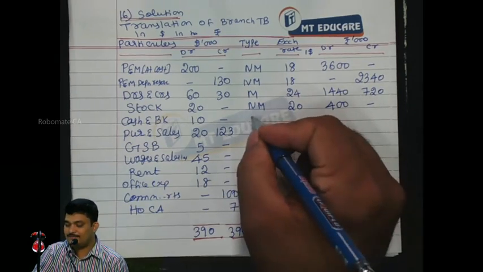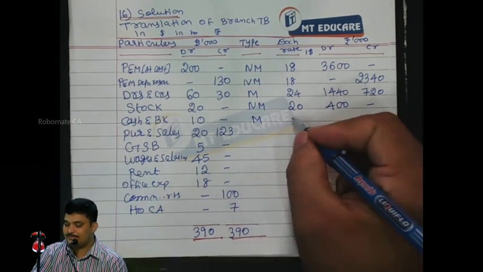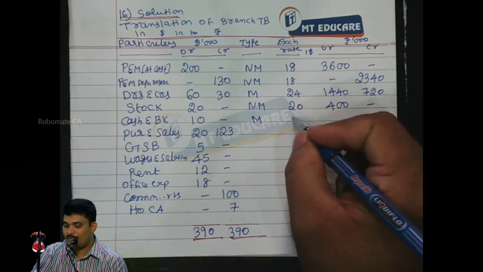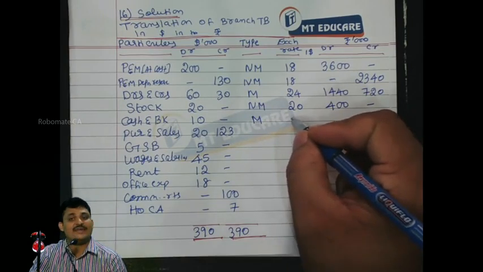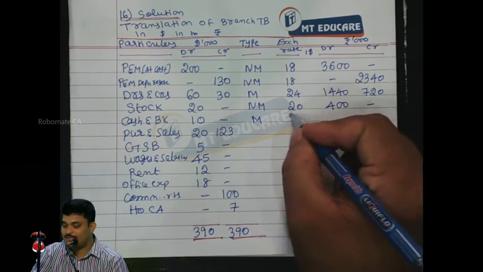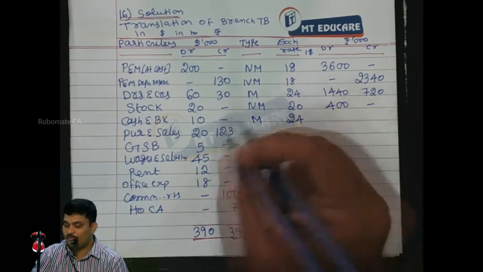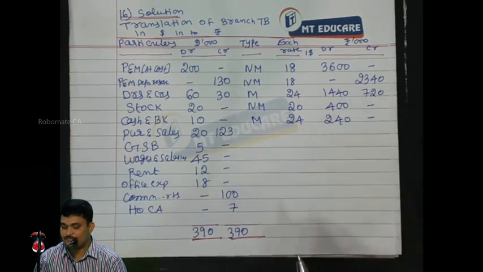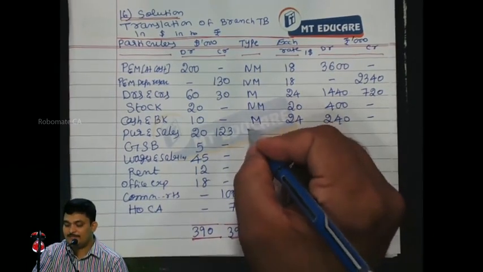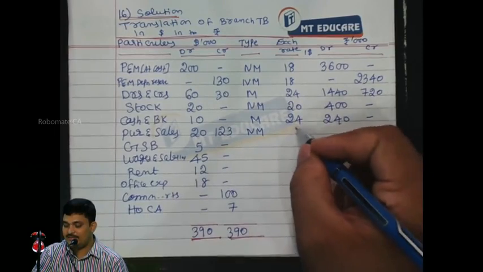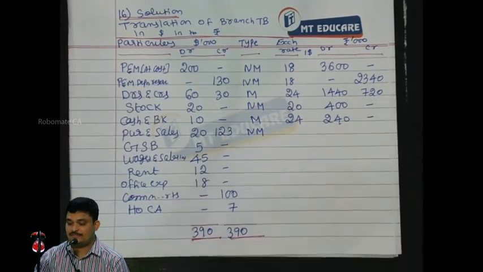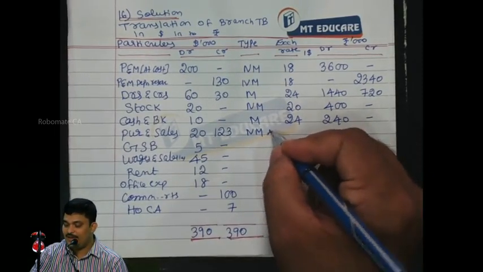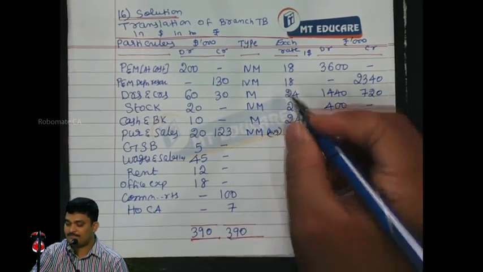Cash and bank, monetary, closing rate. Monetary means closing rate 24, 240. Purchase and sales are non-monetary, average rate. Everybody, average rate.